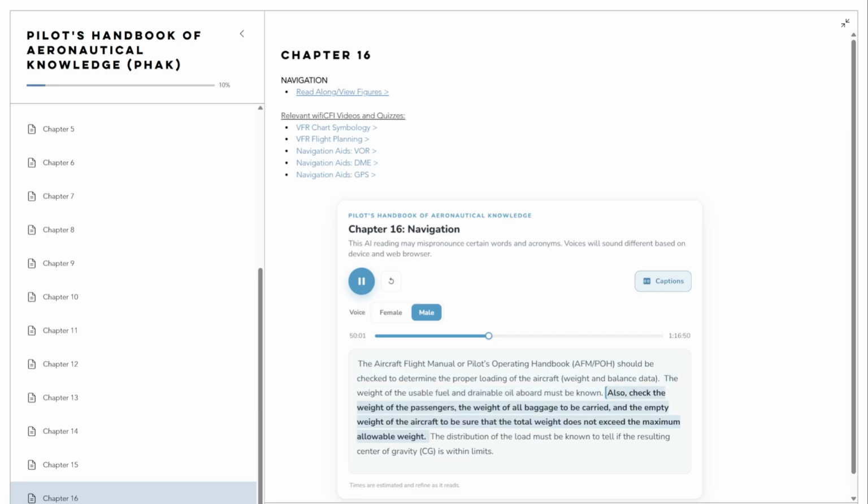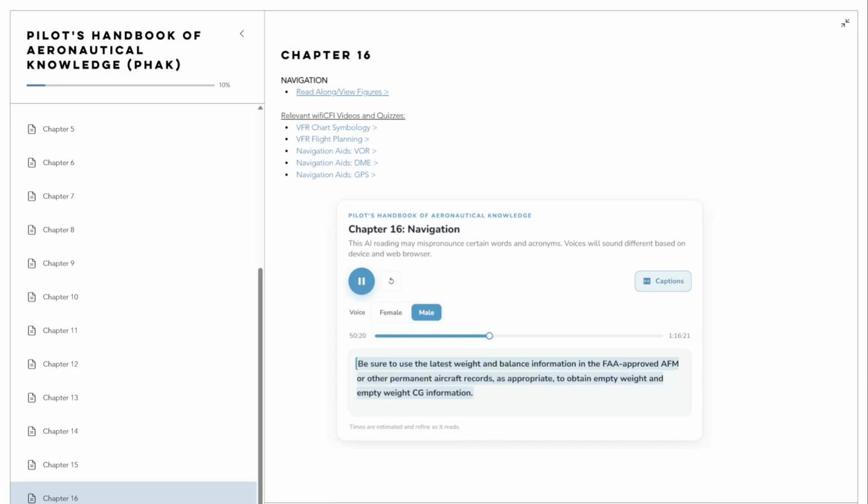Also, check the weight of the passengers, the weight of all baggage to be carried, and the empty weight of the aircraft to be sure that the total weight does not exceed the maximum allowable weight. The distribution of the load must be known to tell if the resulting center of gravity, CG, is within limits. Be sure to use the latest weight and balance information in the FAA-approved AFM or other permanent aircraft records, as appropriate, to obtain empty weight and empty weight CG information.